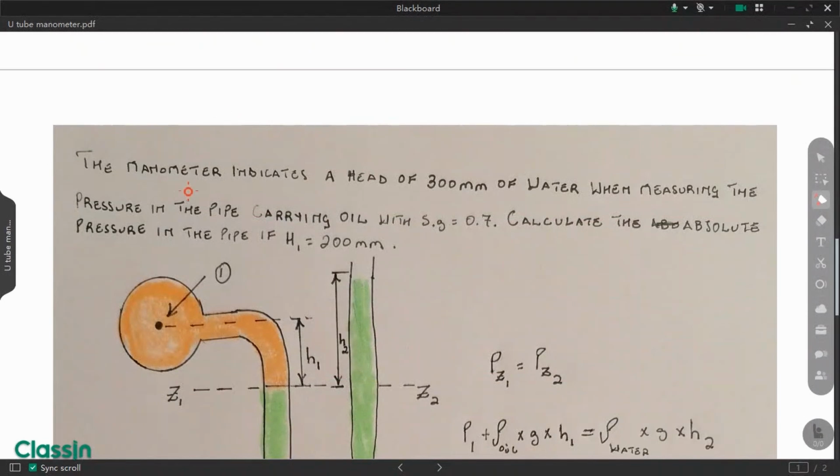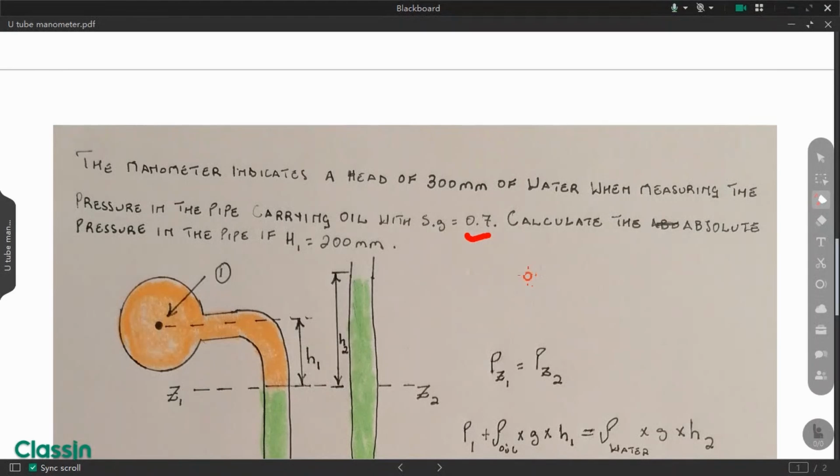So now we are told that the manometer indicates a pressure head of 300 millimeters of water when measuring the pressure in the pipe carrying oil with specific gravity of 0.7. For you to convert the specific gravity to density, we multiply by the density of water at 4 degrees Celsius, which is 1,000.